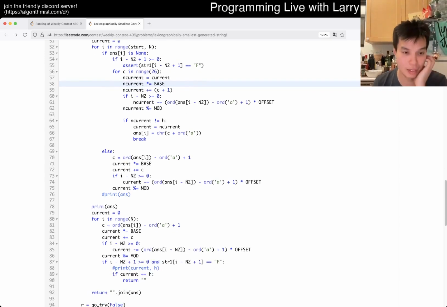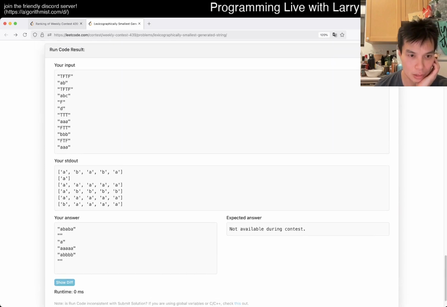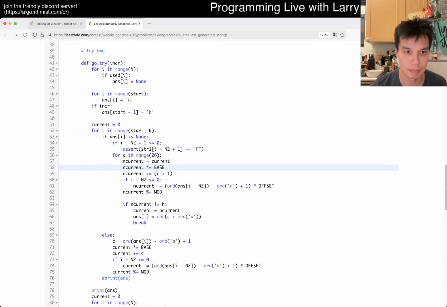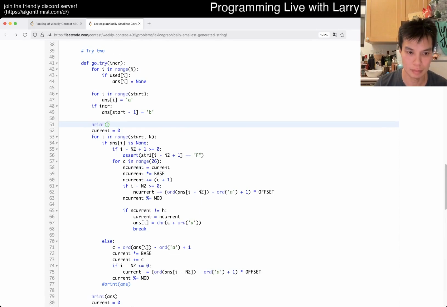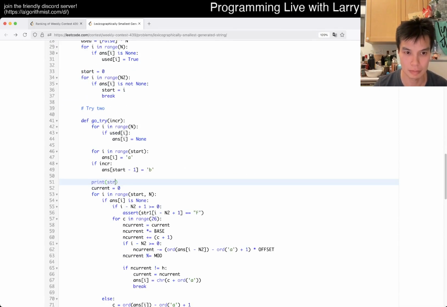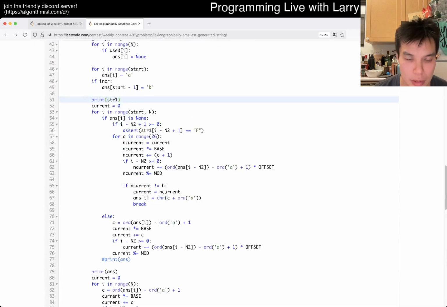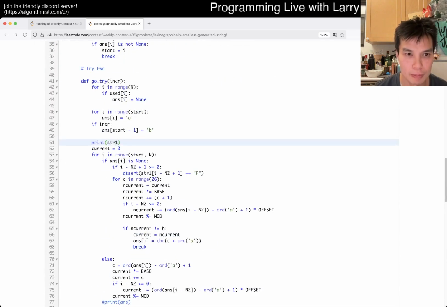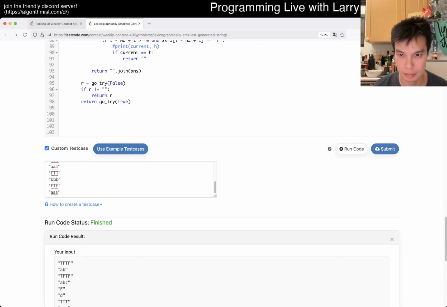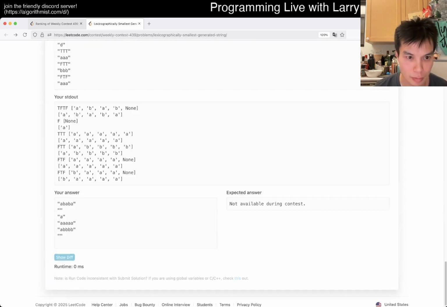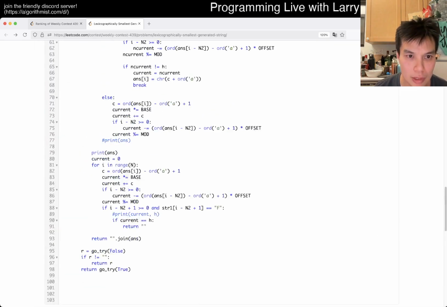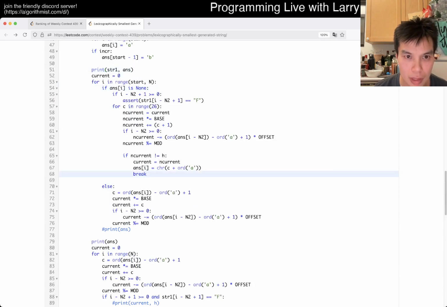Alright, focus. Why is this? So it tries A, that's wrong, that's fine, but why is this thing good? Why? Yeah, I mean, this is right, so then why is it not going to the last element? Last element is none.